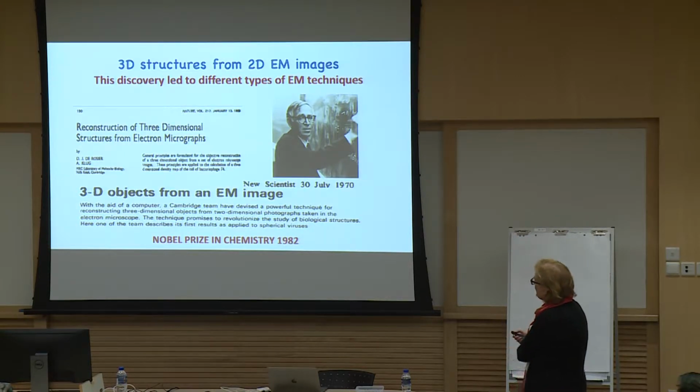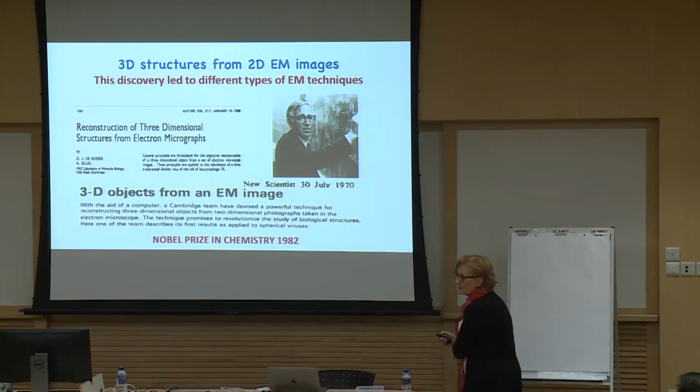And New Scientist wrote in the 70s, with the aid of a computer, a Cambridge team has devised a powerful technique for reconstructing three-dimensional objects from two-dimensional photographs taken in the electron microscope. The technique promises to revolutionize the study of biological structure. Here, one of them describes the first result applied to spherical viruses. And Aaron got the Nobel Prize in 1982.